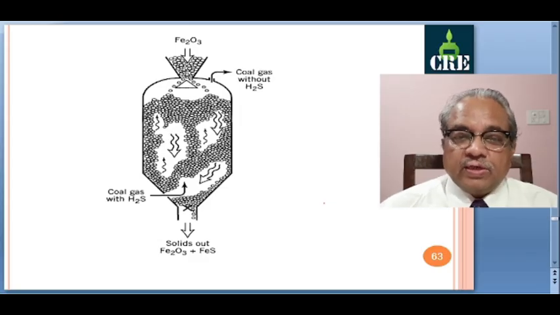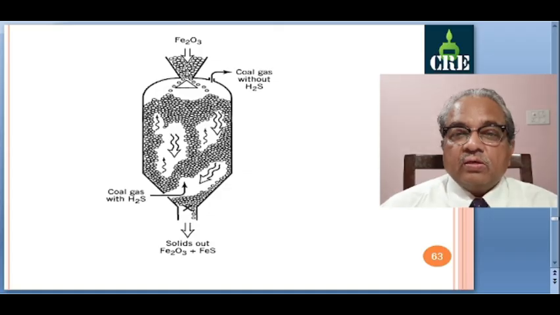So this is the setup: coal gas with hydrogen sulfide, here oxide entering, here coal gas without H2S, so you are removing H2S gas, and here you get the solids out.